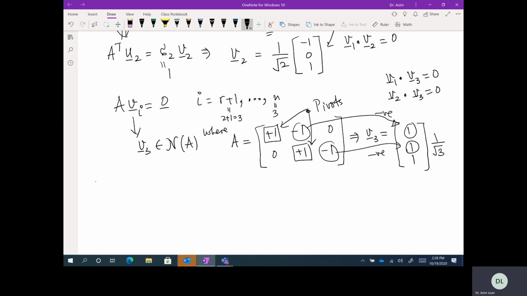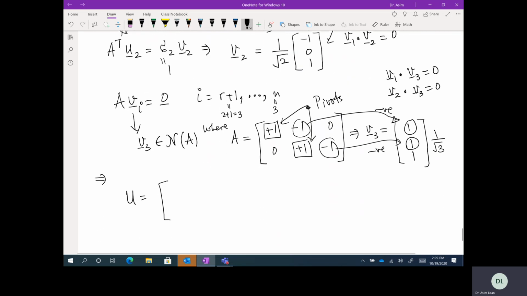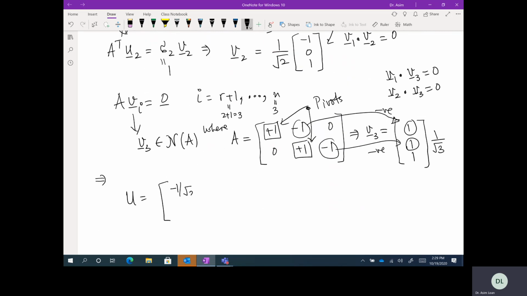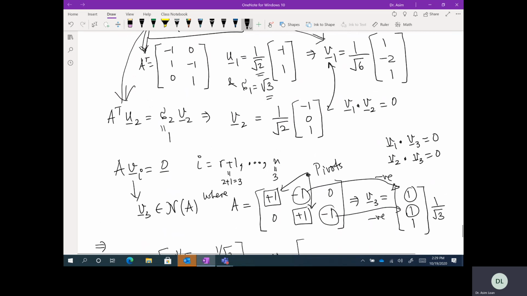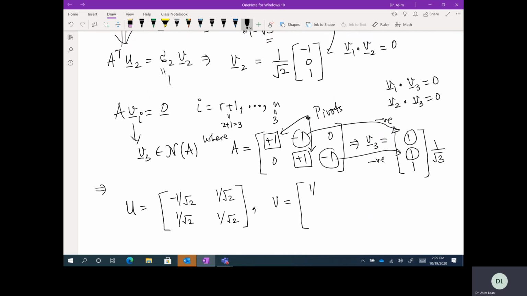So this implies U is actually, what was U? U is minus 1 over under root 2, 1 over under root 2, and then I have 1 over root 2, and I have 1 over root 2. So this is U, and V is, what was V1? V1 was 1 over root 6, minus 2 over root 6, and 1 over root 6.